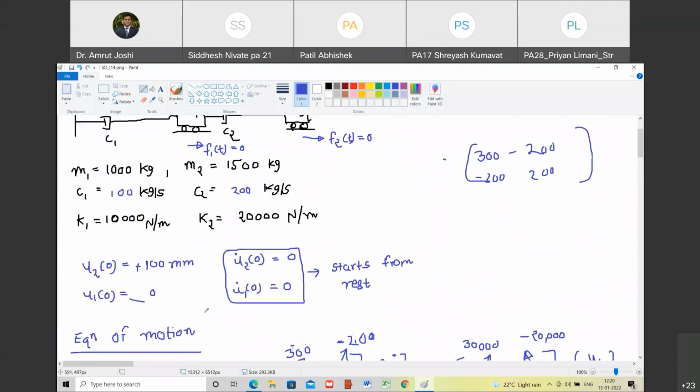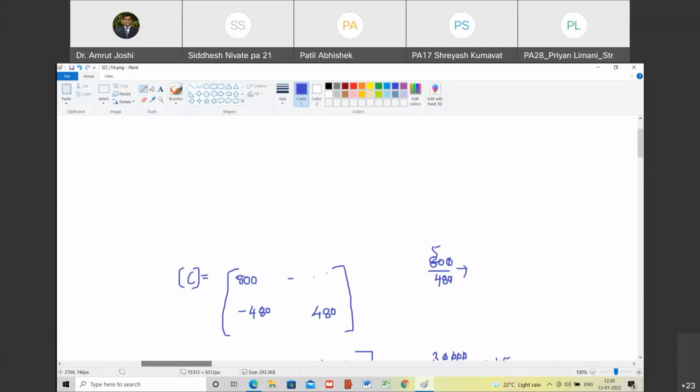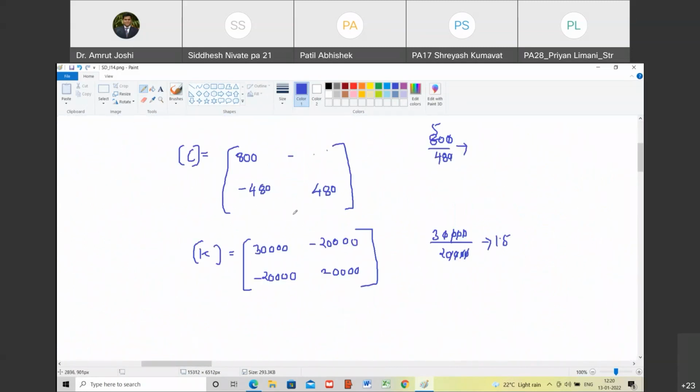So C1 is 100 and C2 is 200. That's what we are going to propose. So what is the C matrix? Let us write it down: 300, minus 200, minus 200 and 200. Do you agree with me?